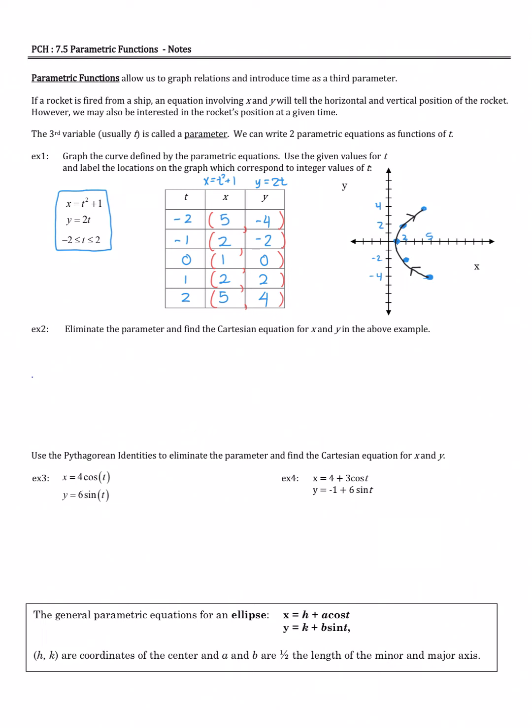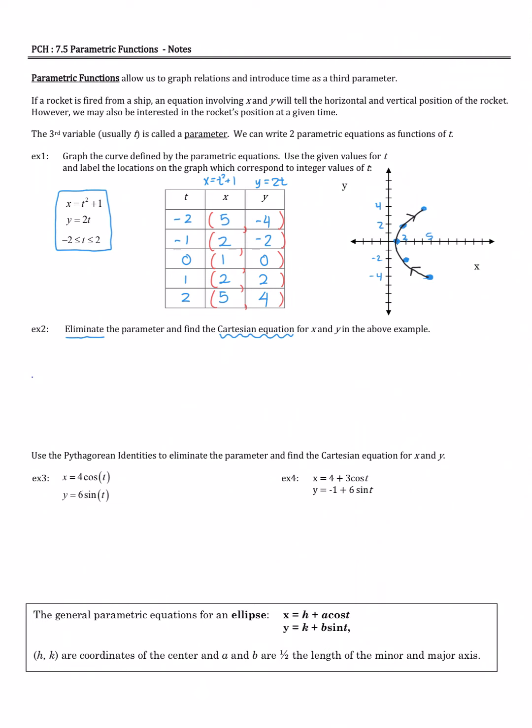And that's really all that is right there: taking our parametric equations and giving them a visual representation in our Cartesian system. And then what we can do is actually eliminate the parameter so that we have just an equation in terms of x and y. So let's see how that looks.